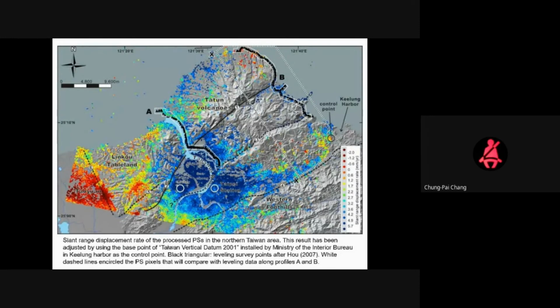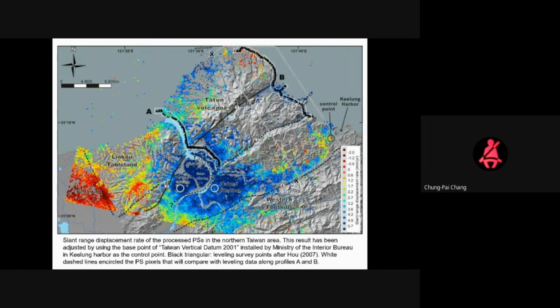Right now, the displacement along this fault is not so active, but still we can see in the northern part, it's still a little, how to say, creeping. You can still observe the small creeping, and some uplift in the other area is maybe caused by other tectonic mechanisms. We don't have time to discuss that too much.